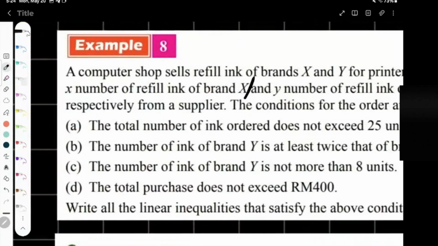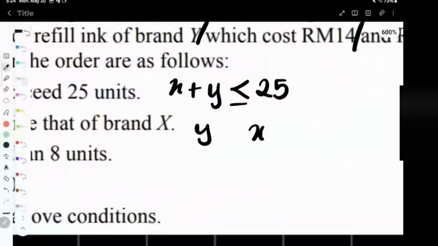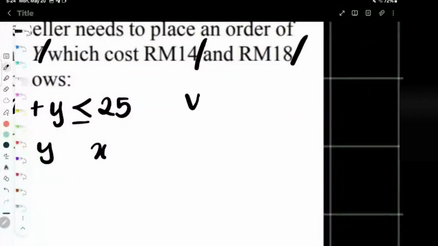The second one, the number of ink of brand Y is at least twice of brand X. Okay, they mentioned two things. What is the middle here? At least twice. Imagine Y is 4, then what should X be?